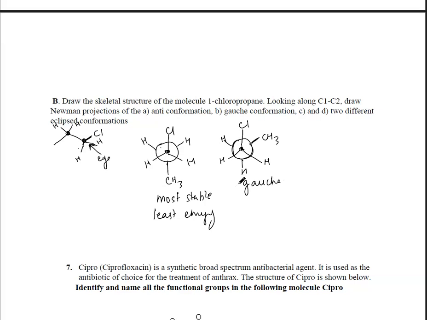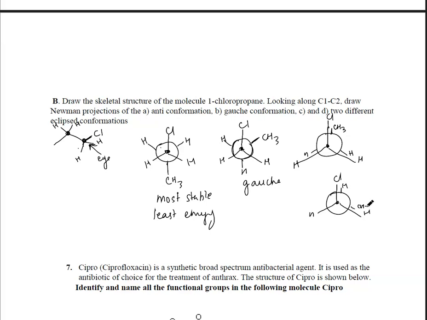Then it's asking for two different eclipsed conformations. The first will be one where the chlorine is actually eclipsing the methyl group like this. The hydrogens are right behind this. And then the other one would be where the chlorine is eclipsing a hydrogen atom.